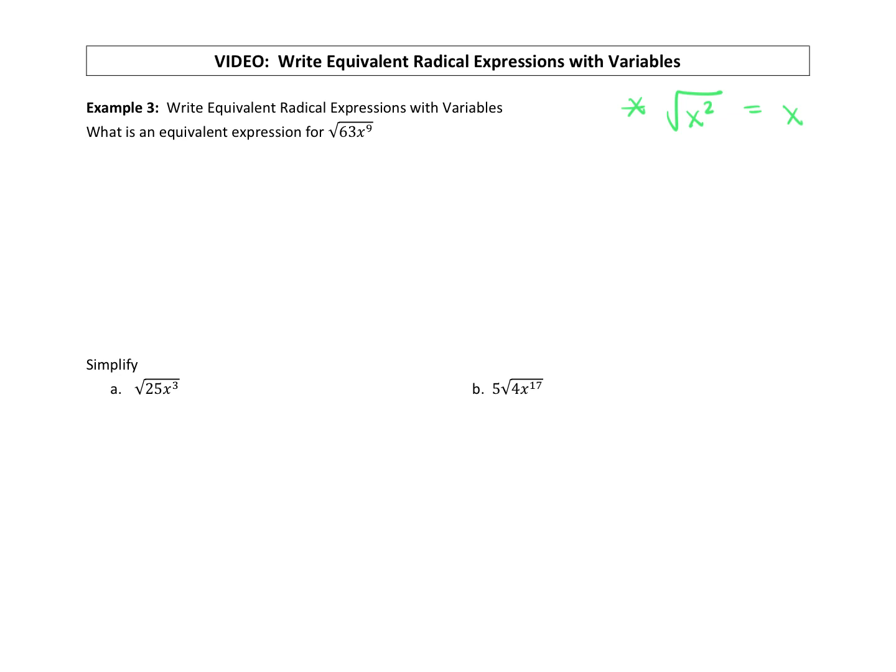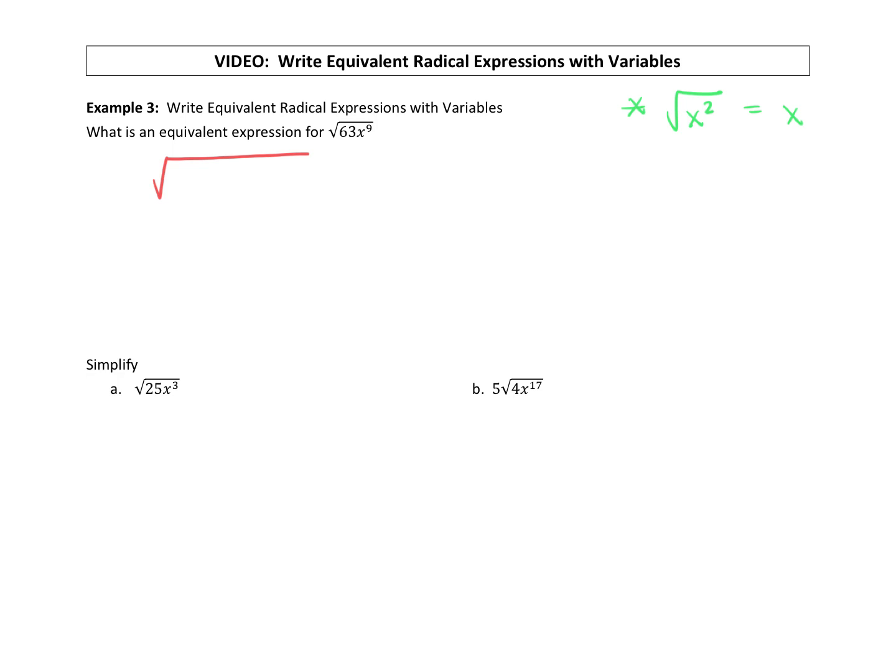Let's write an equivalent expression for the square root of 63x to the 9th. So we are going to first focus on the fact that there's a 63. And we're going to think about our perfect square factors. Maybe we'll write them off to the side again.